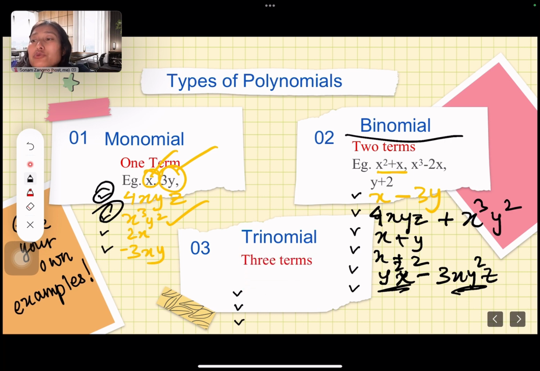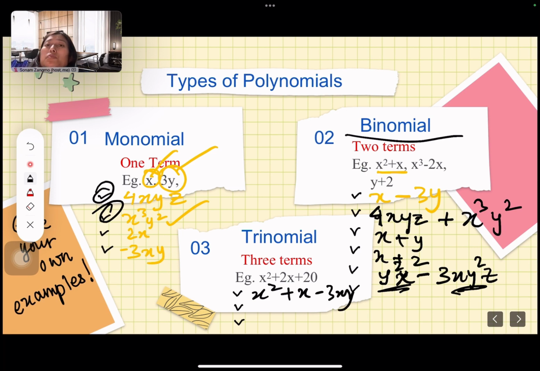just have to combine three terms. So like x squared plus 2x plus 20 is one of the examples. So meaning if you pick one of the binomial examples, so x squared plus x, and pick one of the monomials, let's say minus 3xy, you have three terms here.